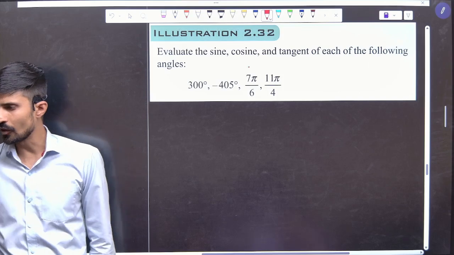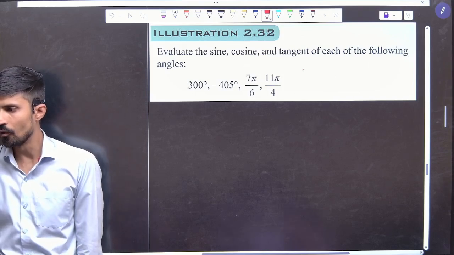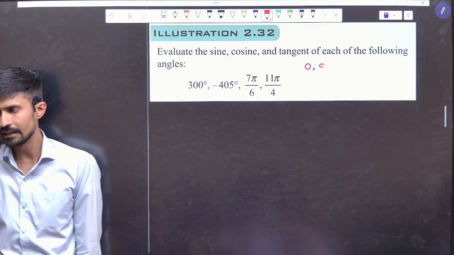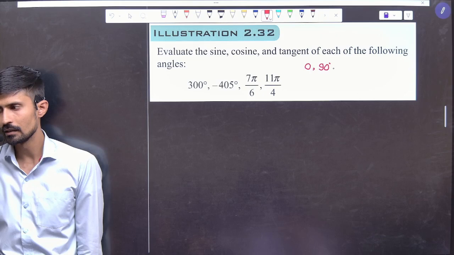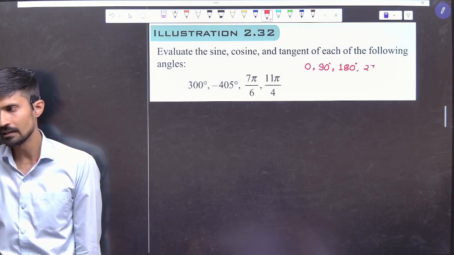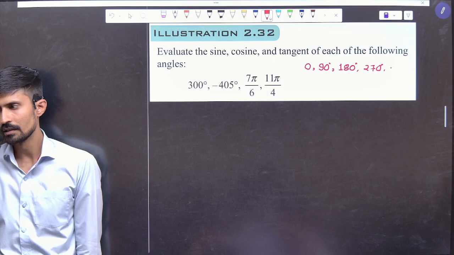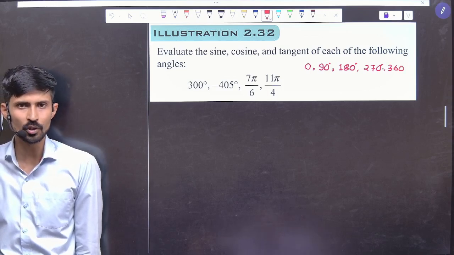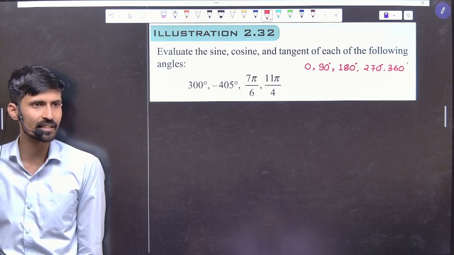So first of all you have to remember these 4 angles: 0 degree, 90 degree, 180 degree, 270 degree, 360 degree. Do you remember in basic maths we have told you how to find tan 90 minus theta.